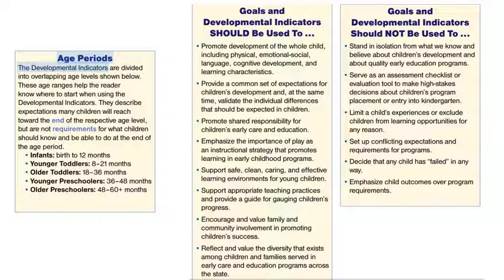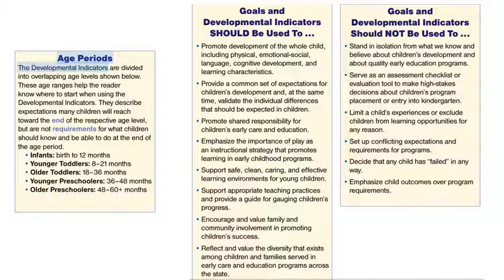Learning characteristics, if you'll just notice that here, that's really that approaches to play and learning. How do they approach play and learning? Are they quiet? Are they active? Are they curious? Or are they really energized and excited? So that's what they mean by learning characteristics.